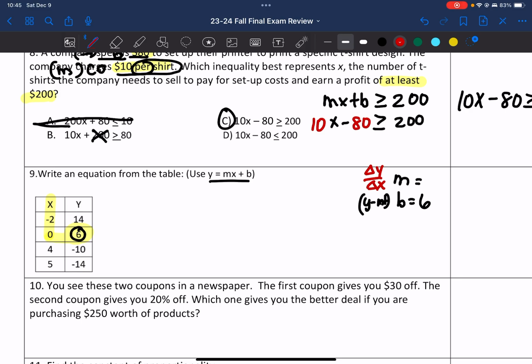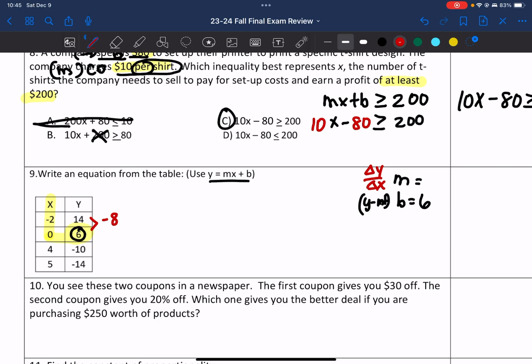Okay, so let's go ahead and do that over here. To find change in x, to find change in y, excuse me, we're going to do our little carets. And those little carets, what we're doing is we're taking 14 and 6 and we're subtracting them, or we're just finding the pattern. Like, how many did we have to go either up or down to get to that second number? So from 14 to 6, we actually went down 8.